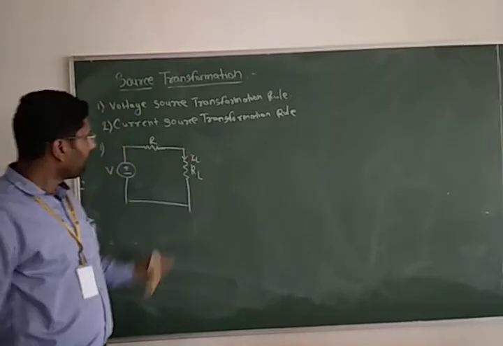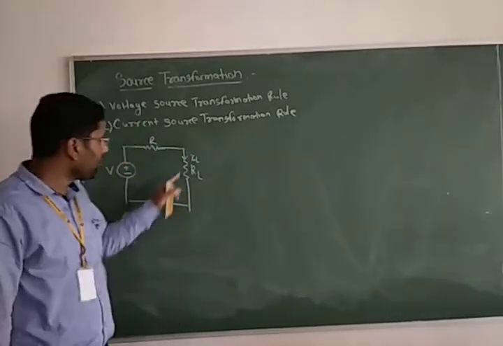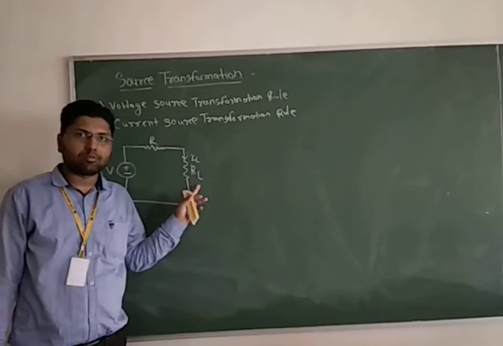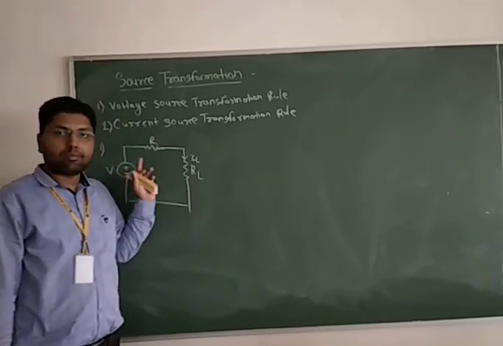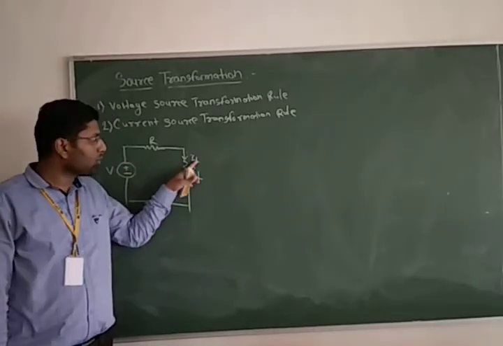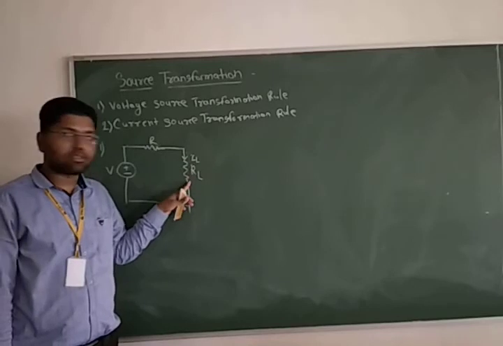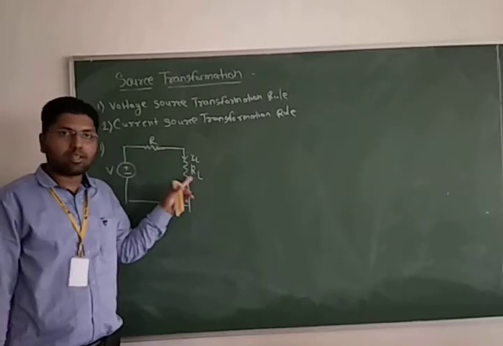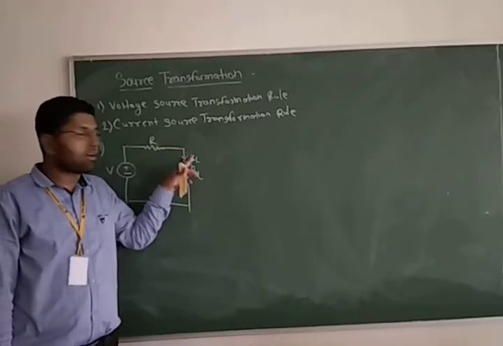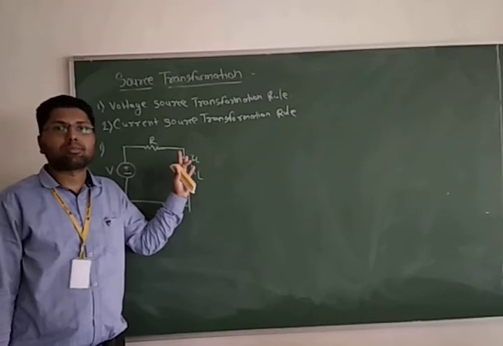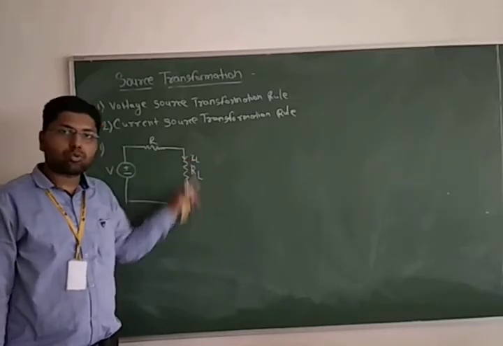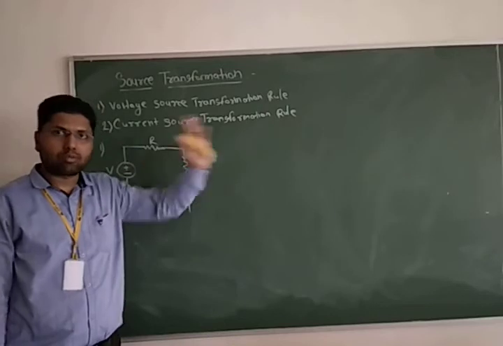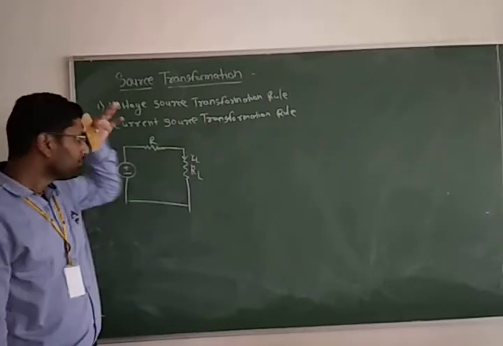So while doing the source transformation, don't touch that RL resistor, because we want to find out the current IL through that load resistance. If you change this load resistance, then the current through the load resistance will change. So don't touch that load resistance throughout the circuit. Okay.